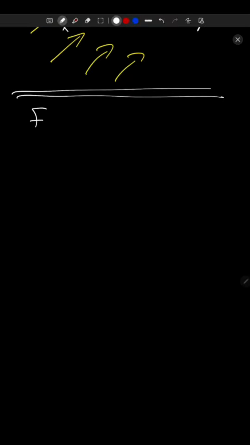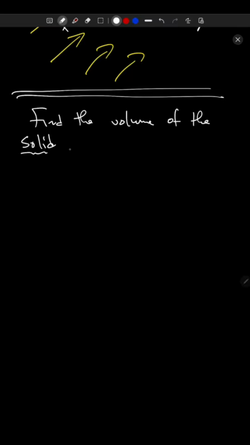Okay, so let's find the volume of the region of the solid. So I'll try to keep it where I say solid for kind of three-dimensional regions.